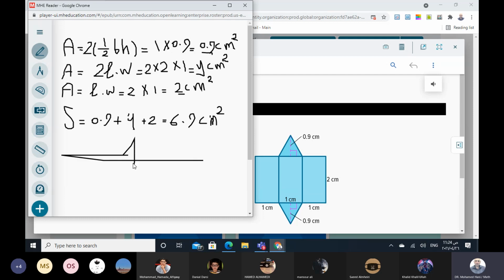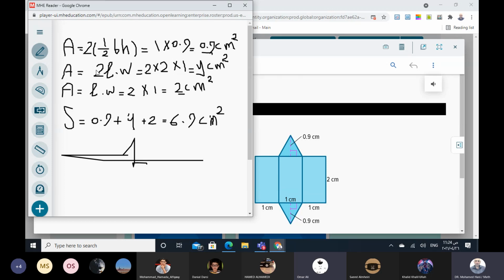Who has any question here? Yes, tell me. In the area 2 that you calculated, we had 1, 2. From where did the other 2 come?